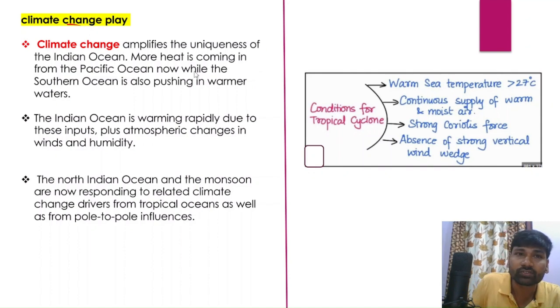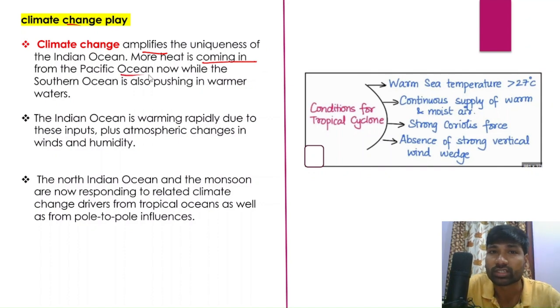Climate change without any doubt amplifies the uniqueness of the Indian Ocean, because more heat is coming in from the Pacific Ocean. Remember that the Indian Ocean is connected with the Pacific Ocean, and together they are known as the larger Indo-Pacific region.